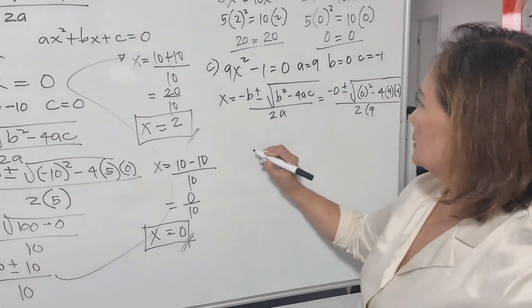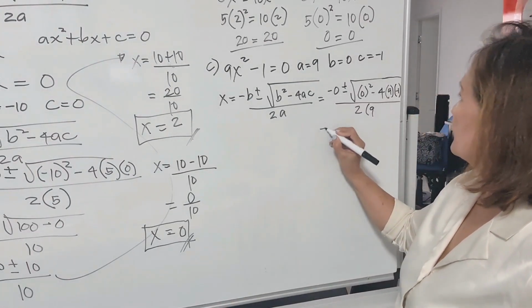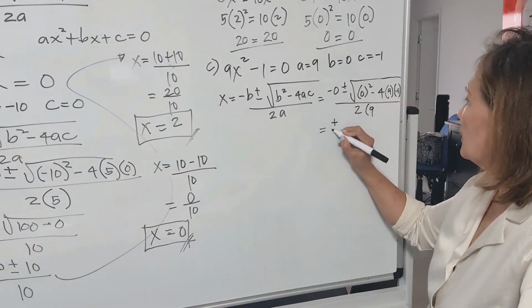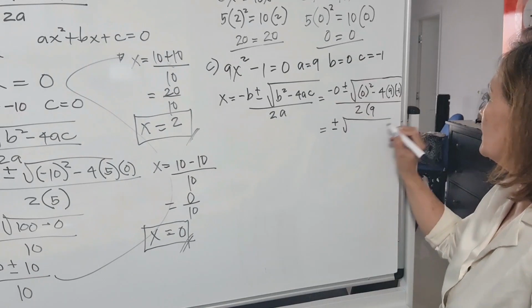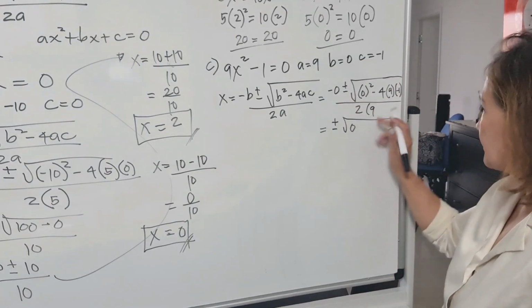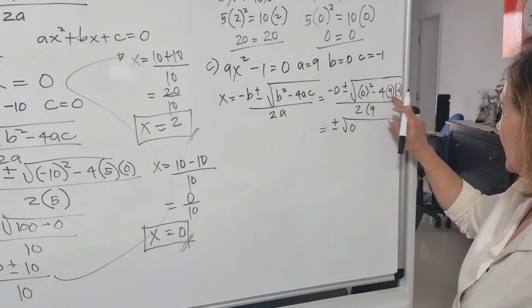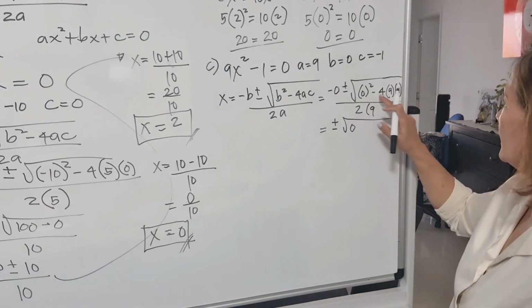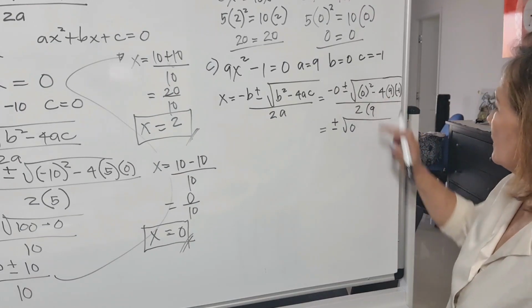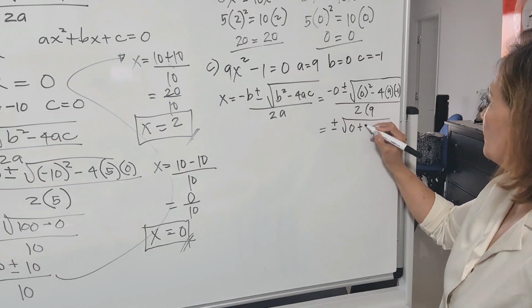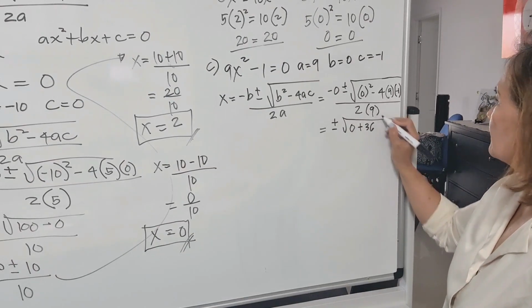Okay, so simplifying, that is 0 plus or minus. The square of 0 is 0. So we have 4 times 9 is 36 times negative 1 is positive 36 now. So we have 0 plus 36.